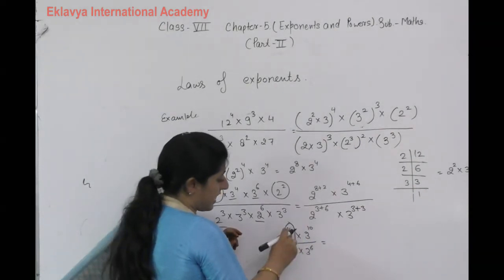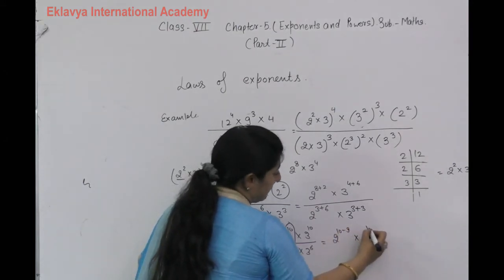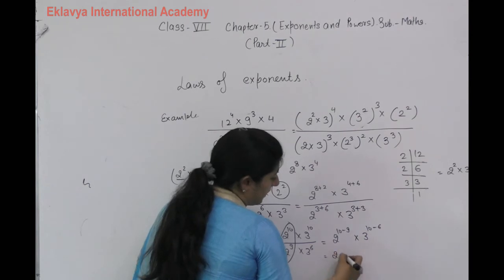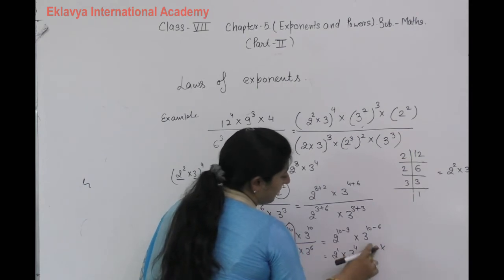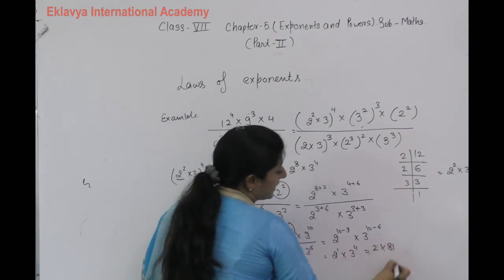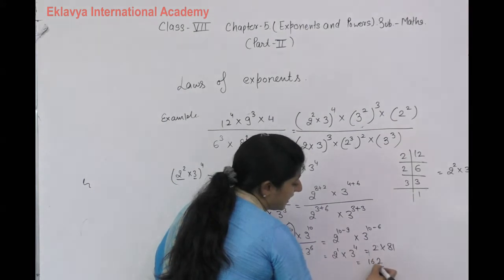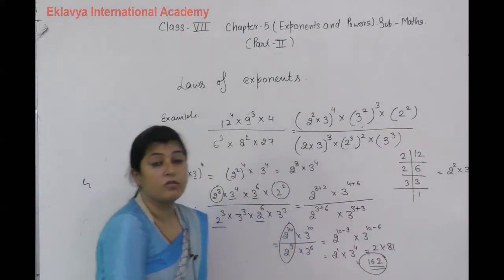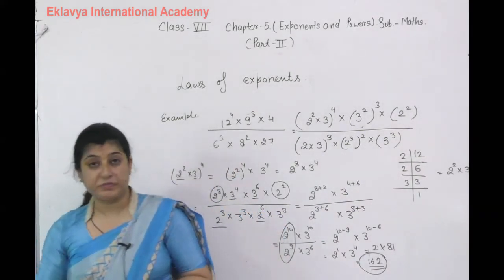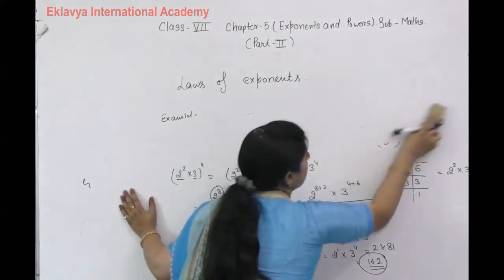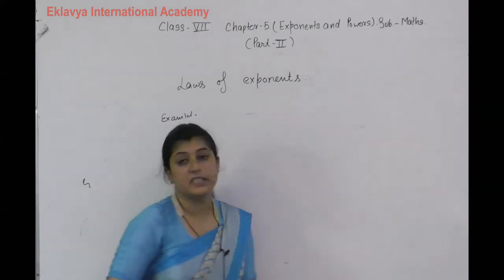Here m is greater than n, so 2^(10-9), 3^(10-6), that is 2^1 multiply 3^4. 2^1 is equal to 2, multiply 3^4: 3 times 3 is 9, times 3 is 27, times 3 is 81, and your answer is 162. This is how we solve these types of questions using laws of exponent. Okay, students, I already told you that any power 0 we always take as equal to 1.